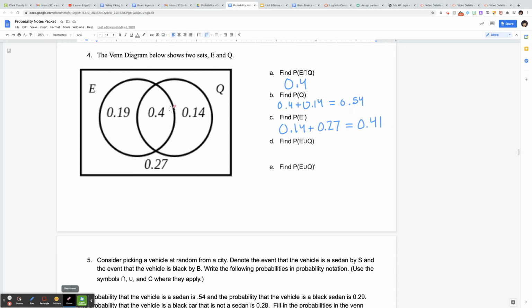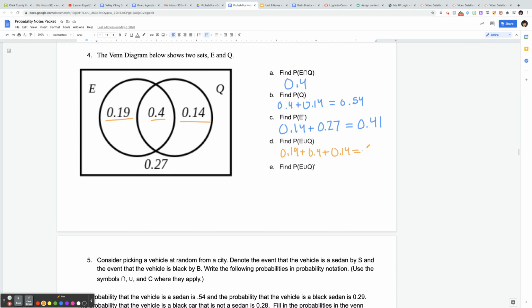Let me do some erasing here. For part D, part D is E or Q. So remember, that's everything inside of the Venn diagram. So that's this, this, and this. Let's add all of those up. So that's 0.19 plus 0.4 plus 0.14.